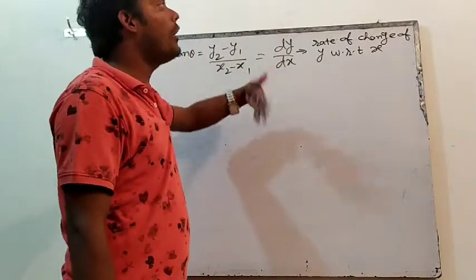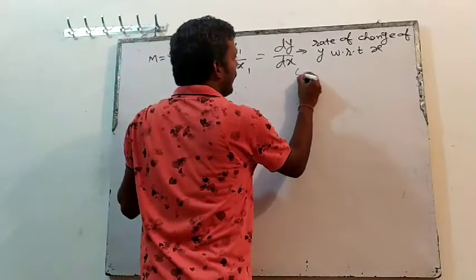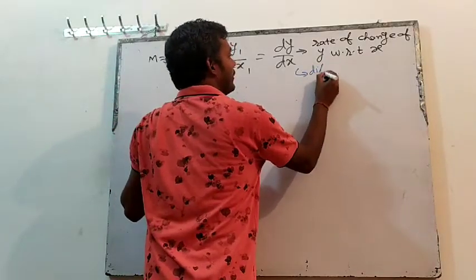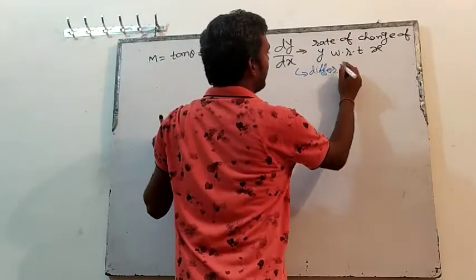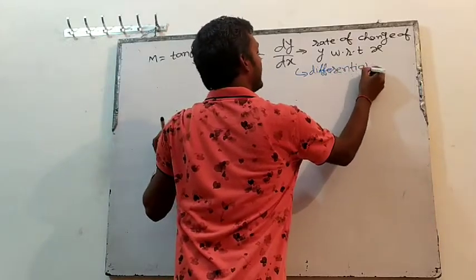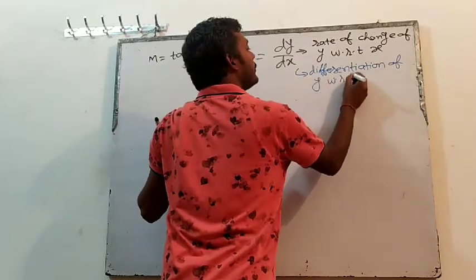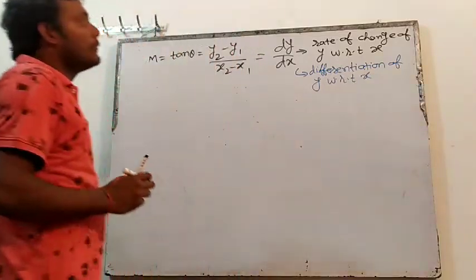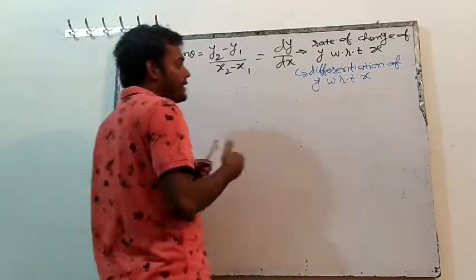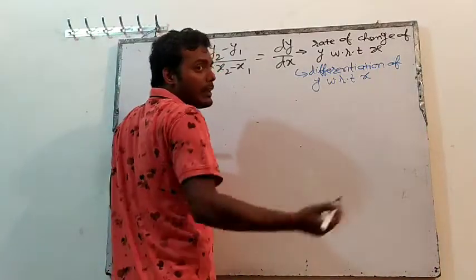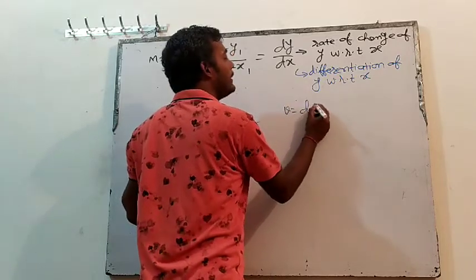How will we study this? Or you can write it like this: the differentiation of y with respect to x. For example, after some time I will write the formula that velocity is equal to ds by dt.